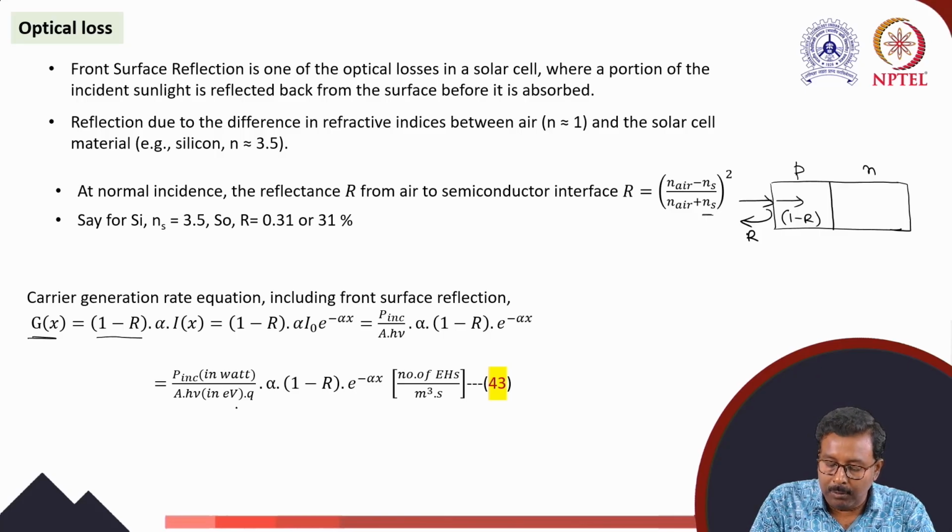And in the formula, if P incident is given in watt and h nu is given in electron volt, you have to multiply the h nu value with the electronic charge 1.6 into 10 to the power minus 19, and then the total term gives you the number of electron hole pairs generated per volume, that is per meter cube per second.